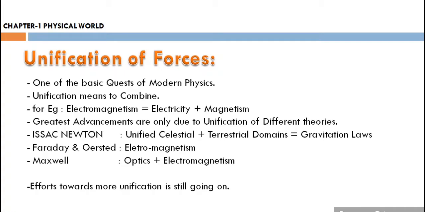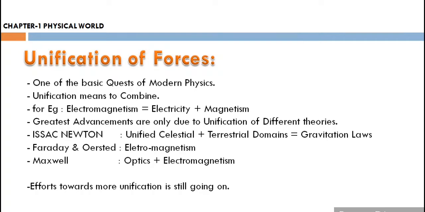Now a few scientists have done much work in this unification. Not forgetting the greatest scientist of physics, Isaac Newton. He tried to unify celestial domains and terrestrial domains. He made a few laws known as the laws of gravitation and laws of motion. Clear? Talking only about gravitation.